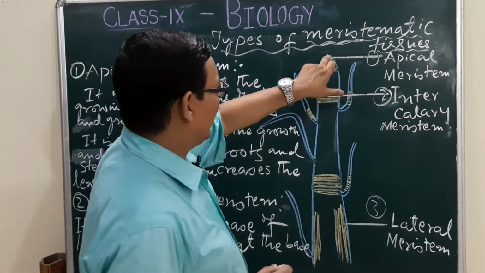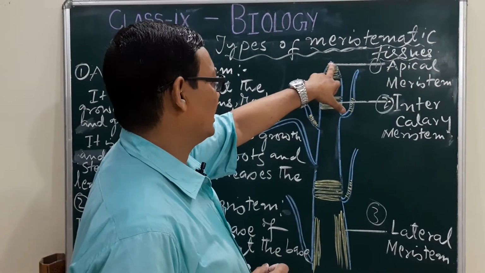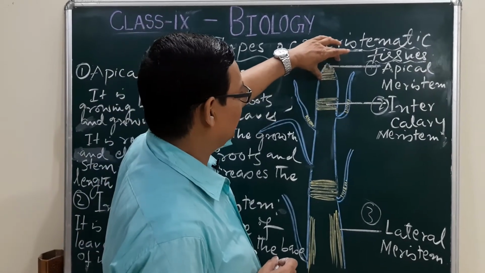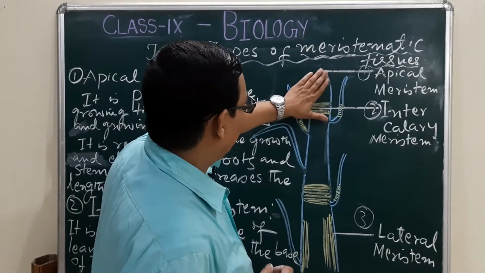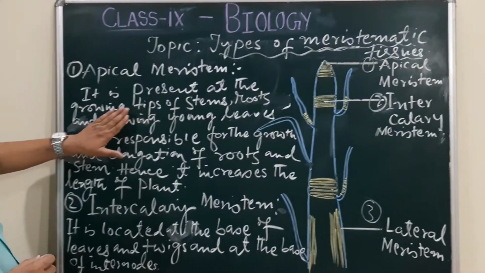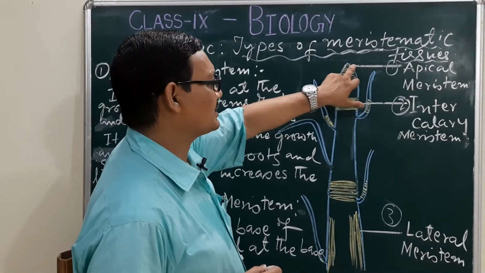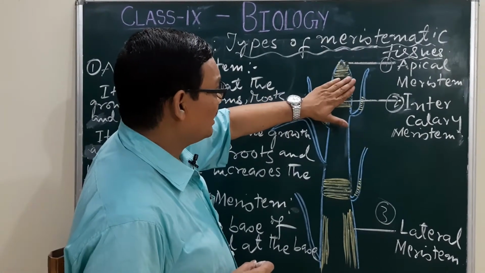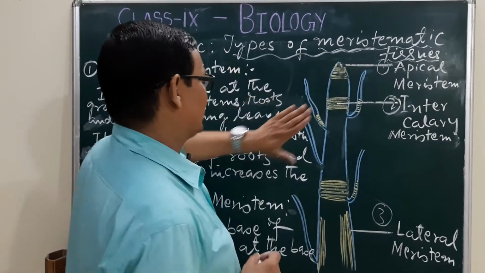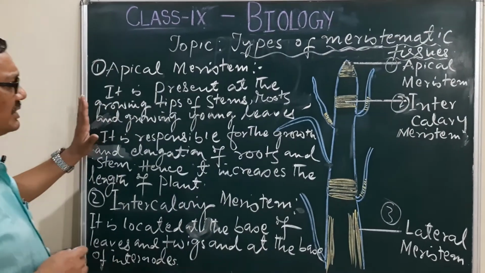It is at the apices and the tips of the plant, that means growing tips, and at this place there is presence of apical meristem.